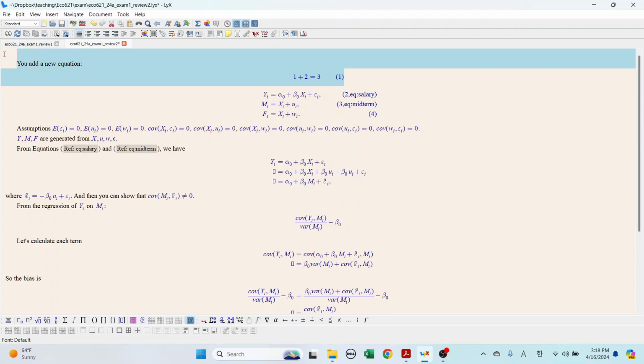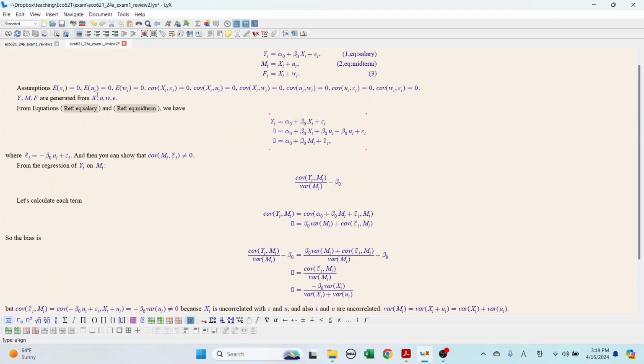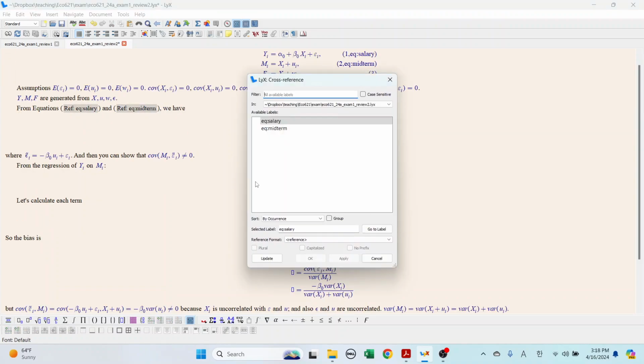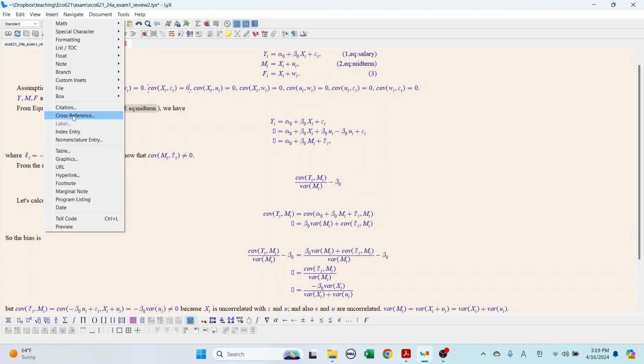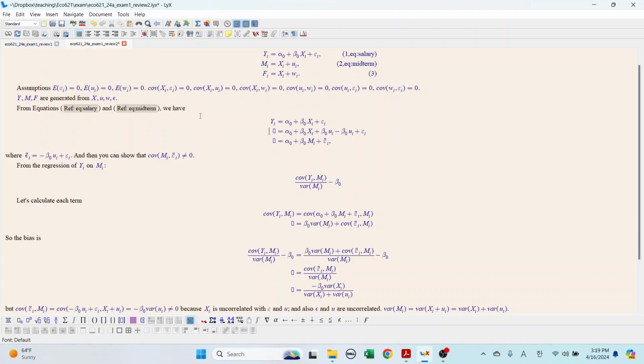Even if you delete that, automatically these two numbers will be adjusted according to these names. Okay, anyhow, that's an important technique to save your time and to avoid mistakes, right? And even if you use LaTeX, the names are the same. Label and cross-reference is what you have to search for when you try to use this.